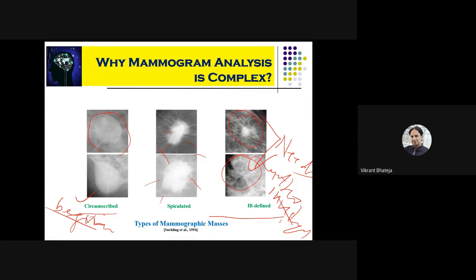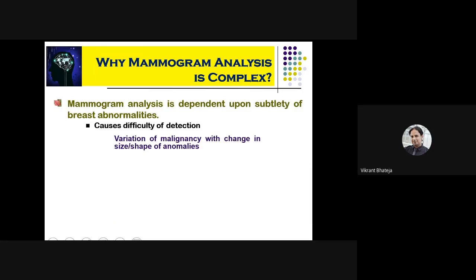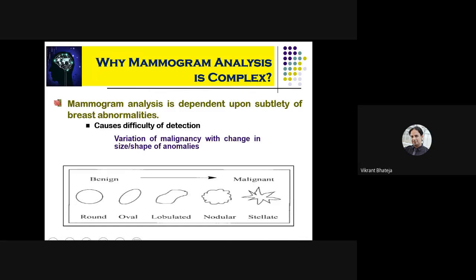So the two types are very clear, circumscribed and speculated, but the ill-defined category is something which needs further analysis. So these are the different types of growth patterns through which a benign tumor gets converted to a malignant one. If somebody works in this particular domain for further research on CAD, there are different types of mammographic databases available for research.